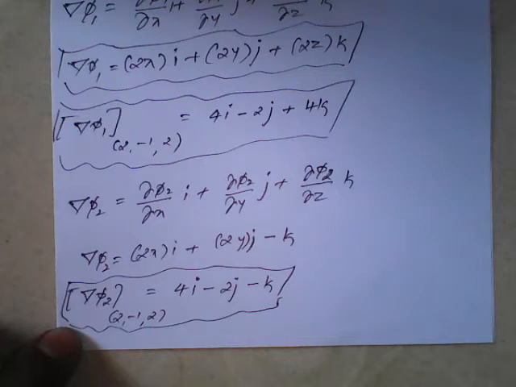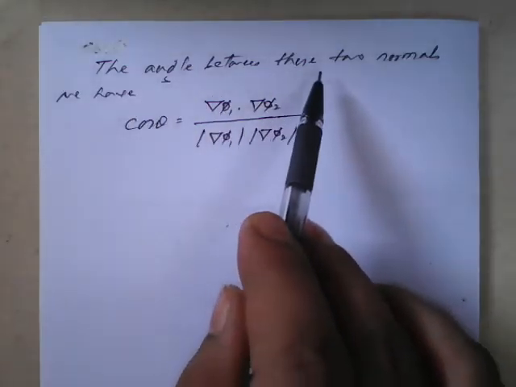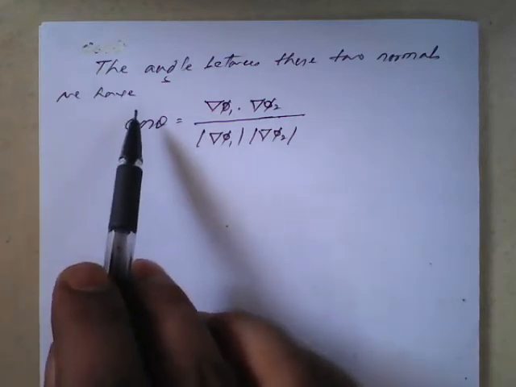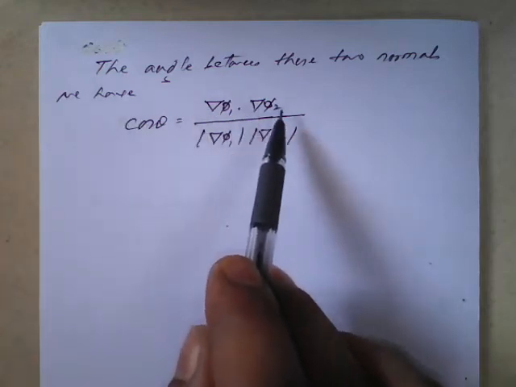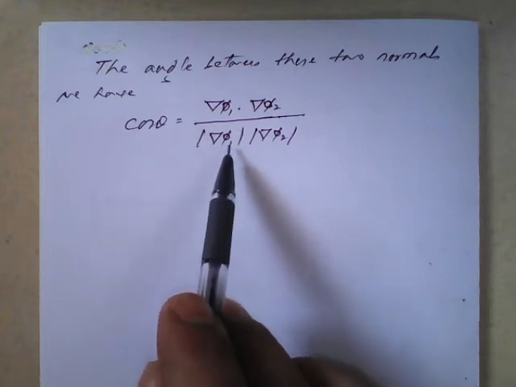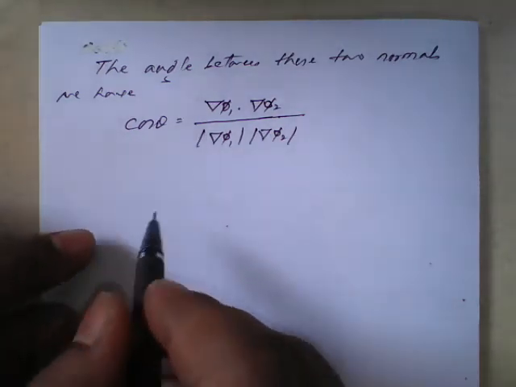the angle between two surfaces is given by the angle between their two normals: cos theta is equal to del phi 1 dot del phi 2 divided by modulus of del phi 1 into modulus of del phi 2. So we'll apply it.